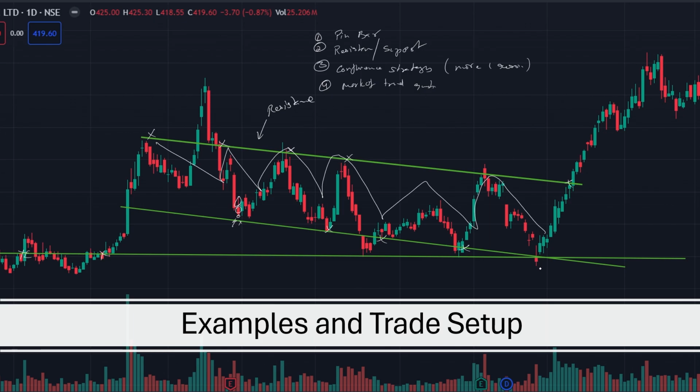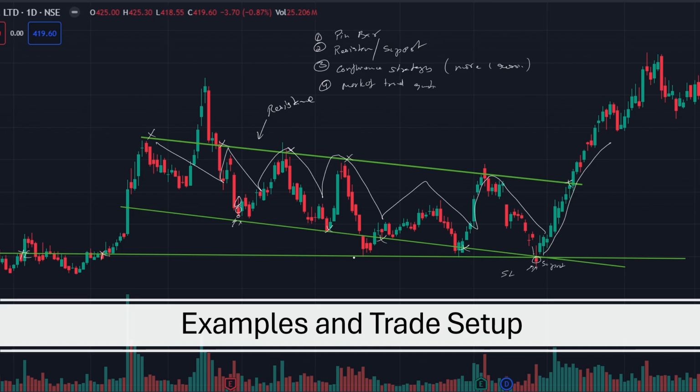And then if you see over here, we have a small wick, a small body and a long wick, and see how the market went up. Why? Because it got created on the support level. Now you will ask, where should you take the stop loss? Normally the stop loss can be taken over here. So this could be your stop loss.